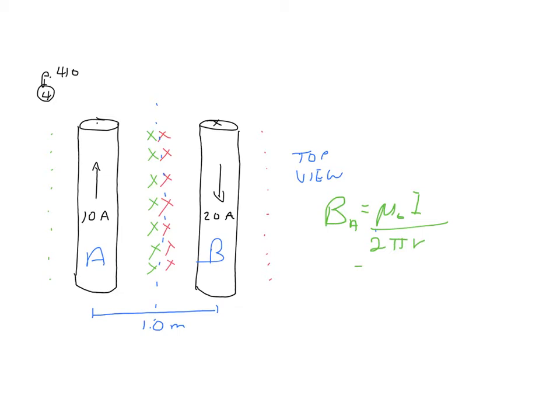So we know that mu is equal to 4 pi times 10 to the power of negative 7. The current in this wire is 10 amps, divided by 2 pi.